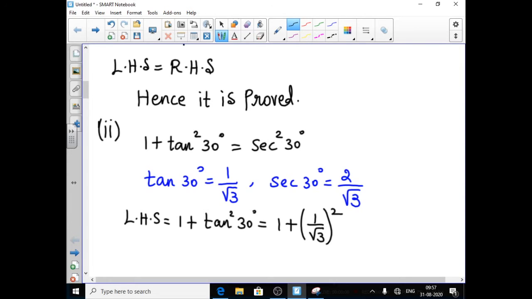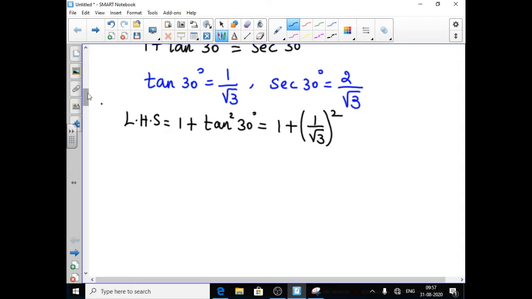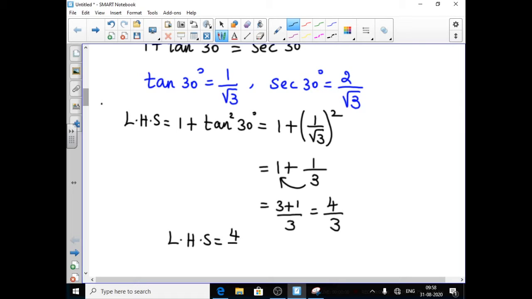Therefore 1 plus 1 squared is 1 and root 3 squared is 3. Okay. So here we have a denominator 3. So we can take a cross multiplication. So 3 plus 1 by 3. Okay. So that is equal to 4 by 3. This is the LHS value. LHS is equal to 4 by 3.